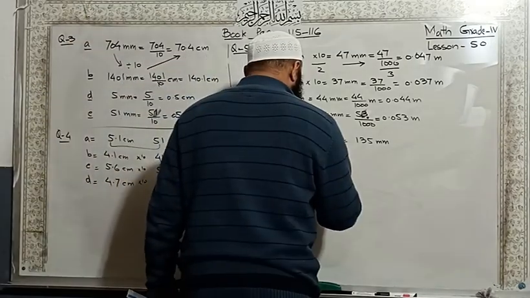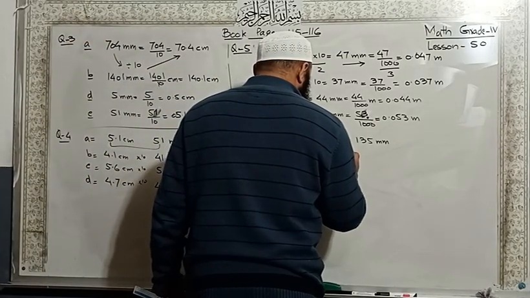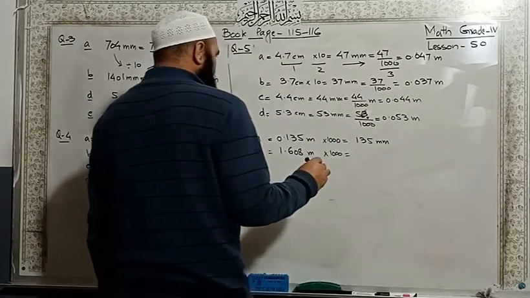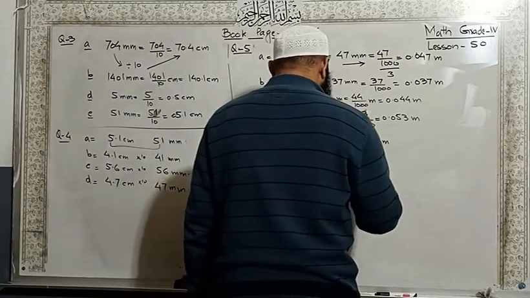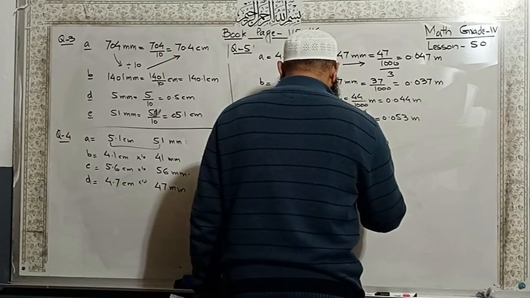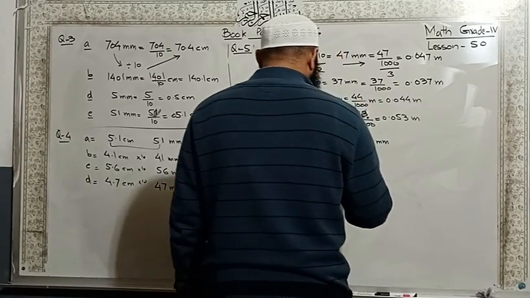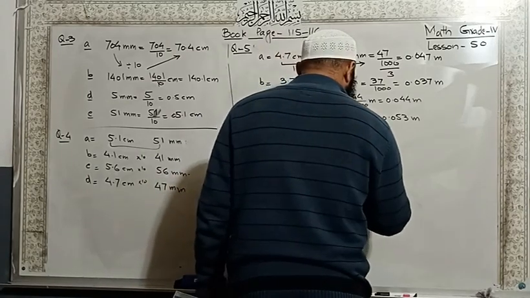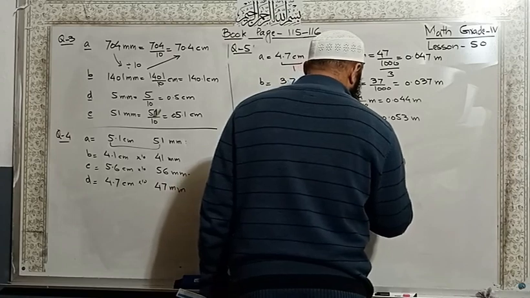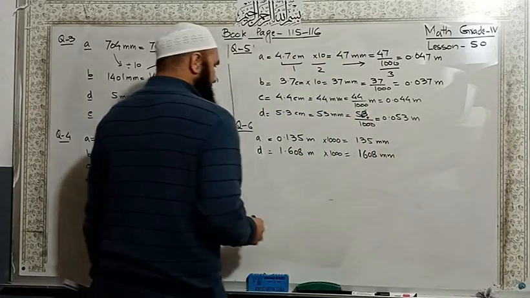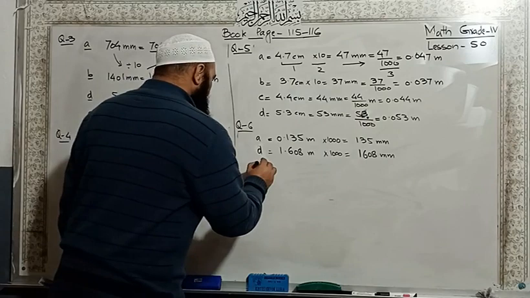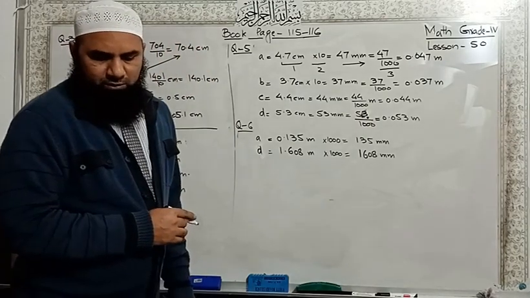So we will multiply by 1000 and we will get 1608 millimeters. Okay.